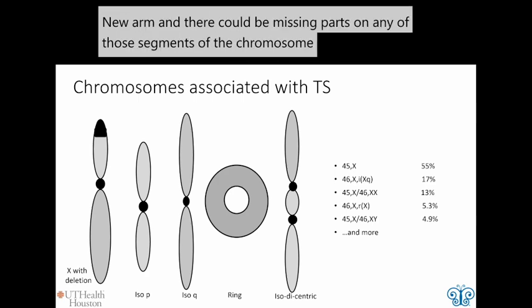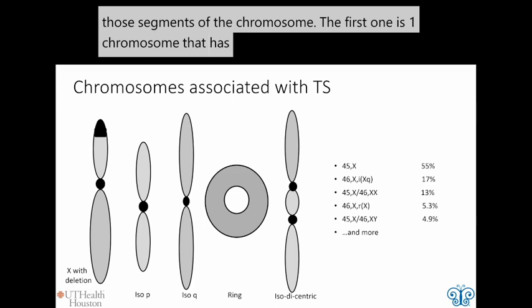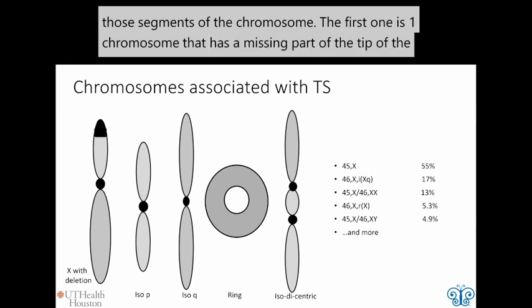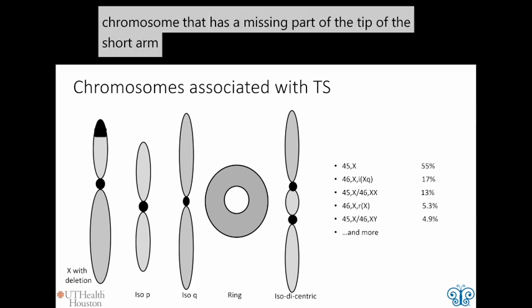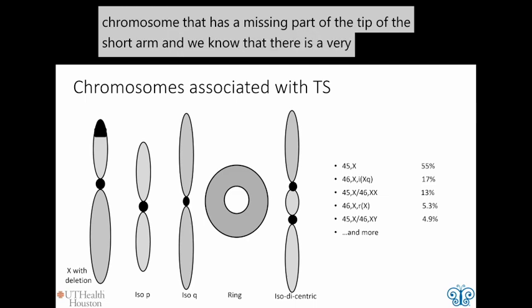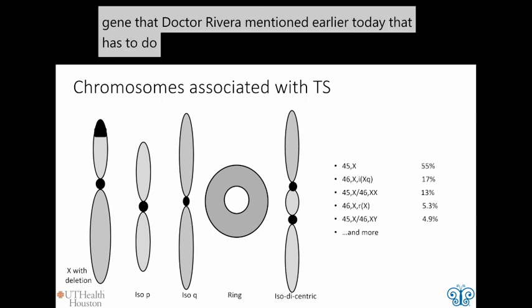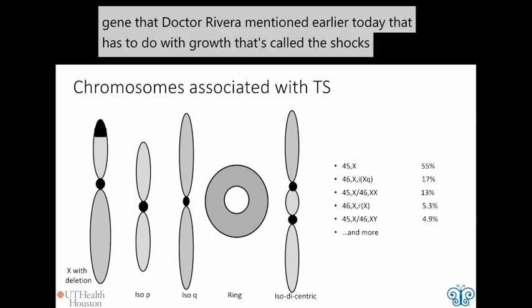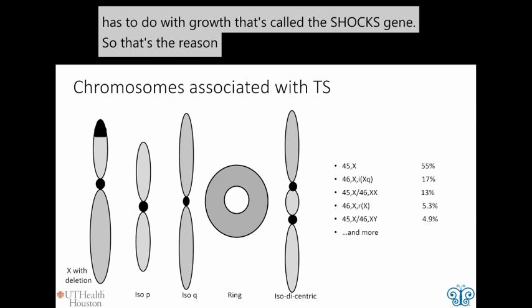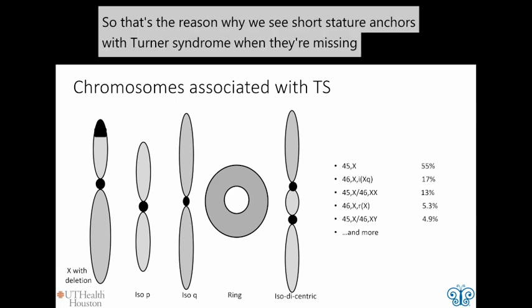The first one is a chromosome that has a missing part of the tip of the short arm, and we know that there is a very important gene that Dr. Rivera mentioned earlier today that has to do with growth, called the SHOX gene. So that's the reason why we see short stature in girls with Turner syndrome when they're missing this part of the chromosome.